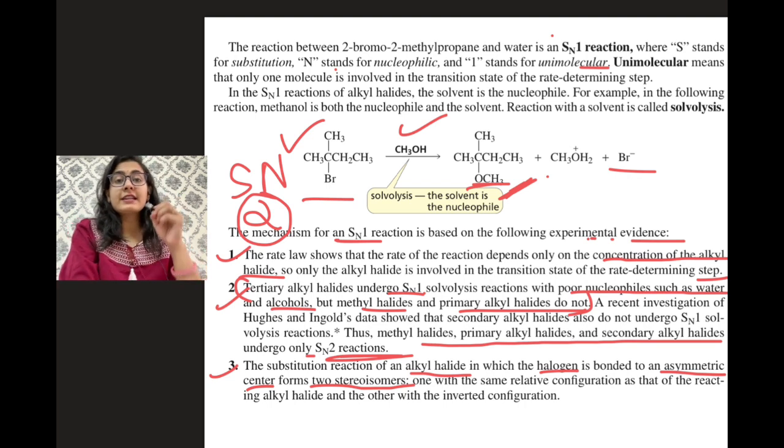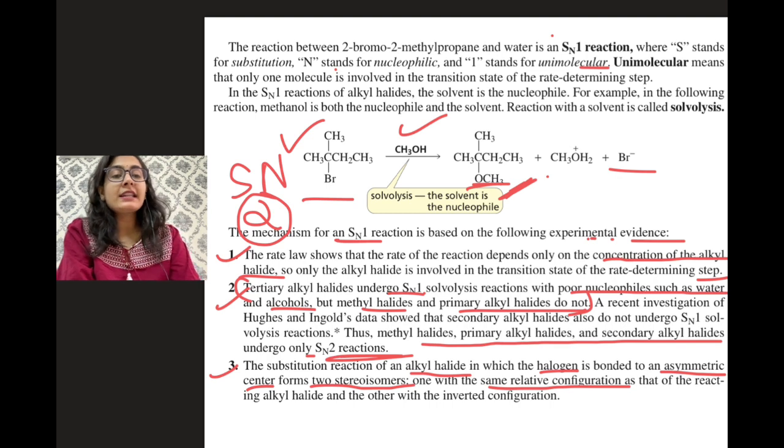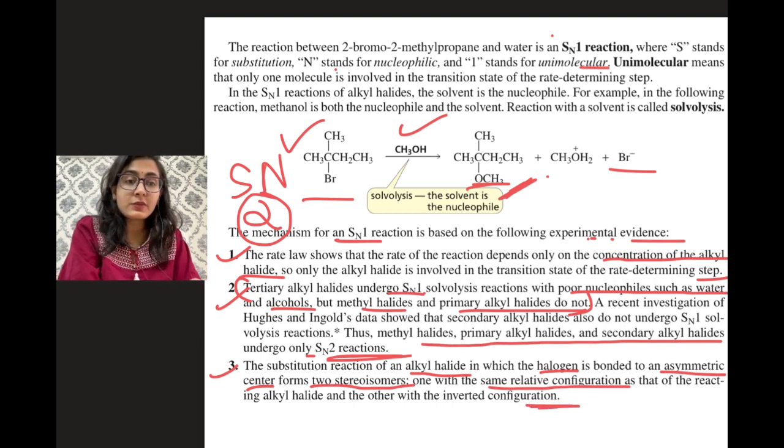So in the SN2 reaction, we only had inversion, but here it is giving you two stereoisomers, that is, one with the same relative configuration and the other one with inverted configuration. This is a big revelation once again, that it is a different type of mechanism.